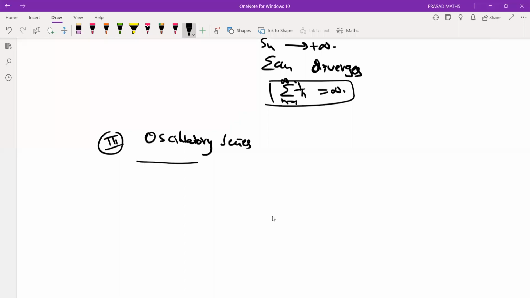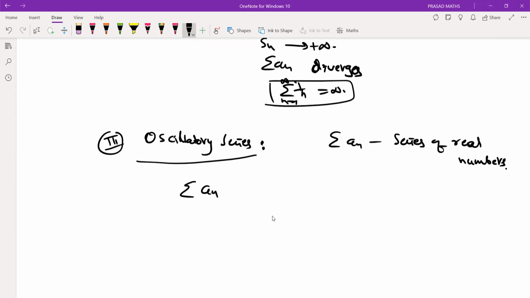Oscillatory series means: suppose you take a_n as a series of real numbers. It is said to be an oscillatory series of real numbers if and only if the corresponding partial sums of the series are oscillatory.